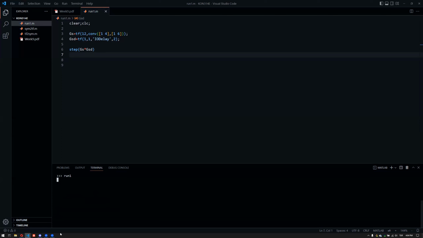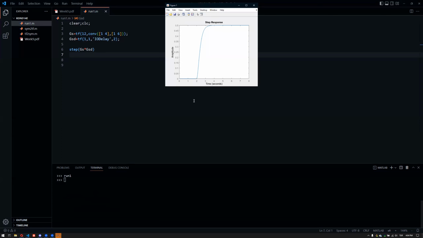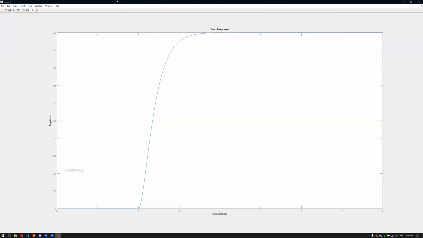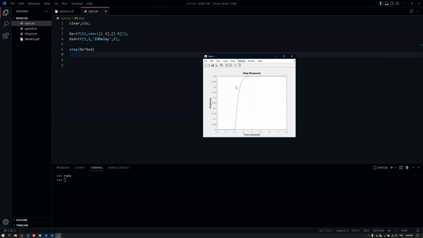Hope that MATLAB also plays with us. There we go. The only difference you can see is 2 seconds of shifting, nothing else.